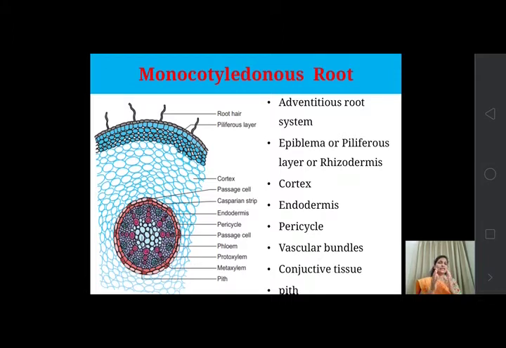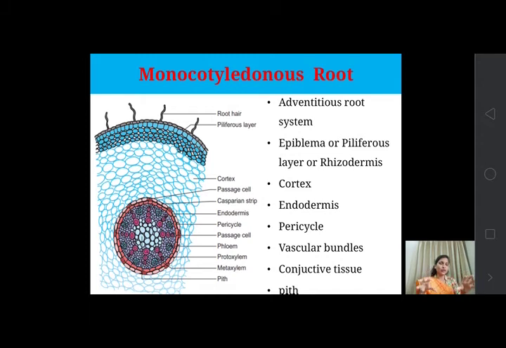So you can easily understand the difference between the tetrarch and polyarch condition. You can only focus on the vascular bundles. When you see the still portion of the two plants, the dicot root and the monocot root, you have to focus only on the still portion.